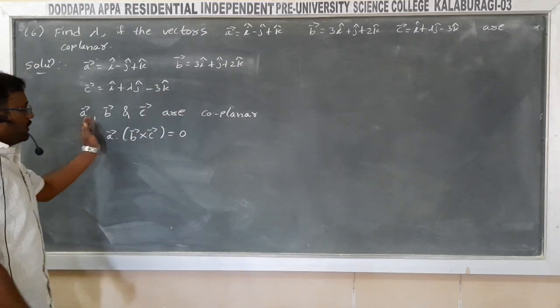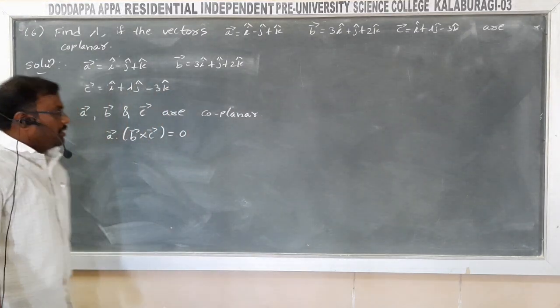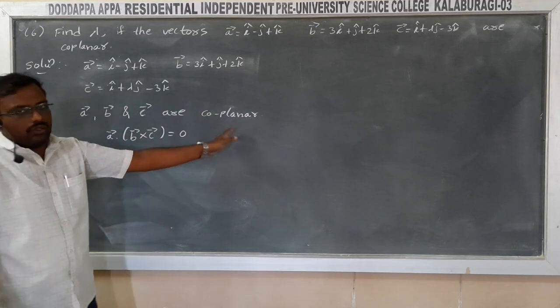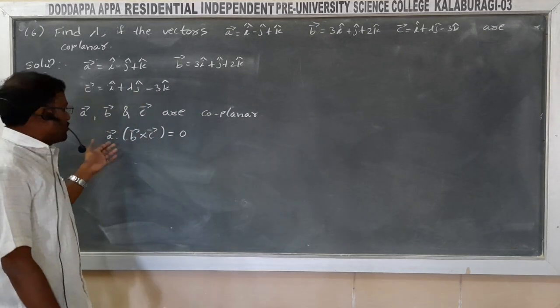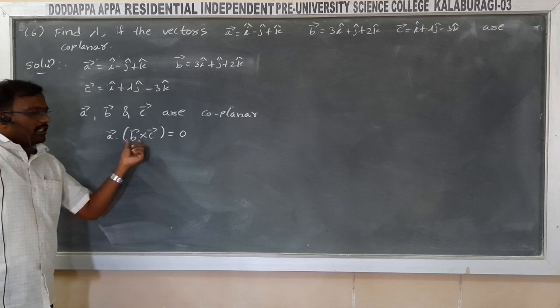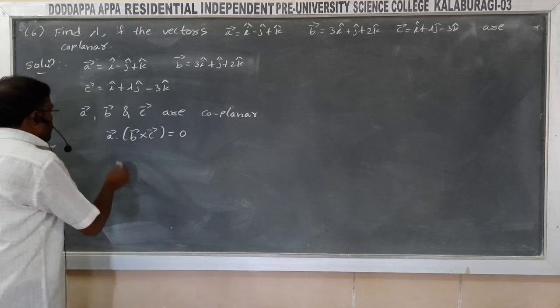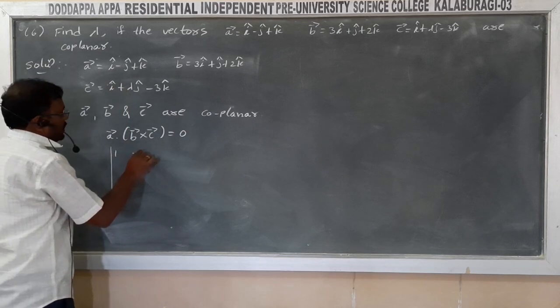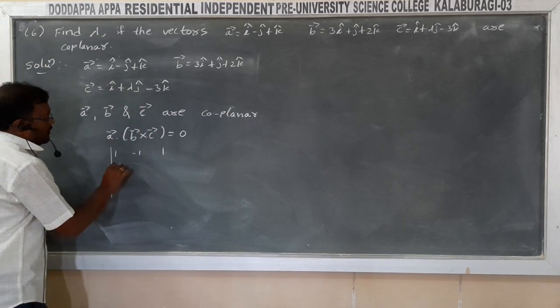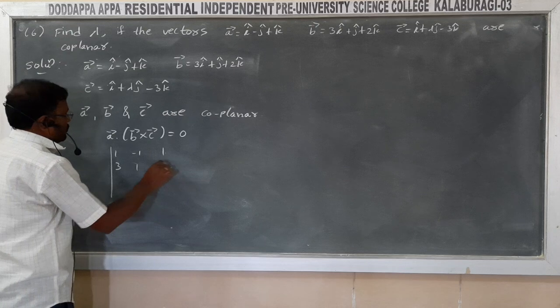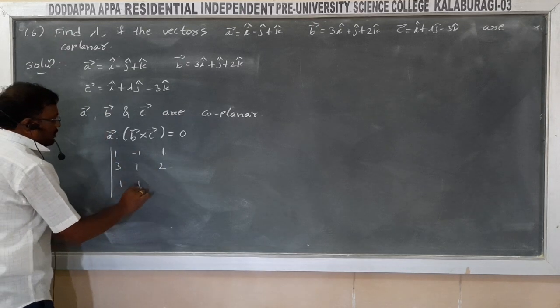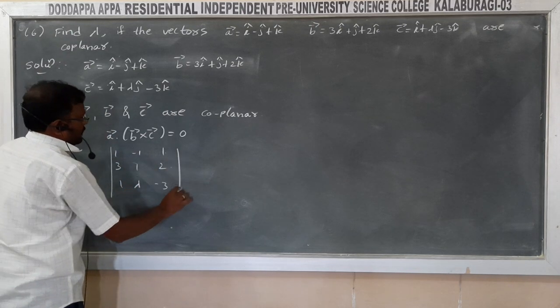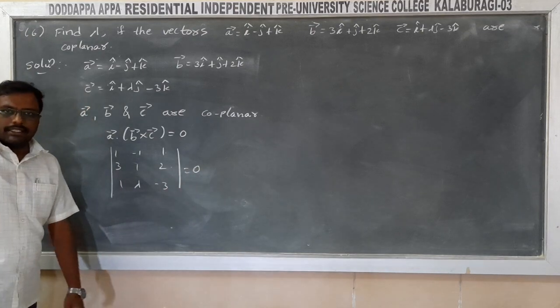So already they given they are coplanar. So when they are coplanar, you can use the condition vector A dot of vector B cross vector C is equal to 0. So here vector A value is 1 minus 1 1. Vector B value is 3 1 2. Here vector C value is 1 lambda minus 3 equal to 0.